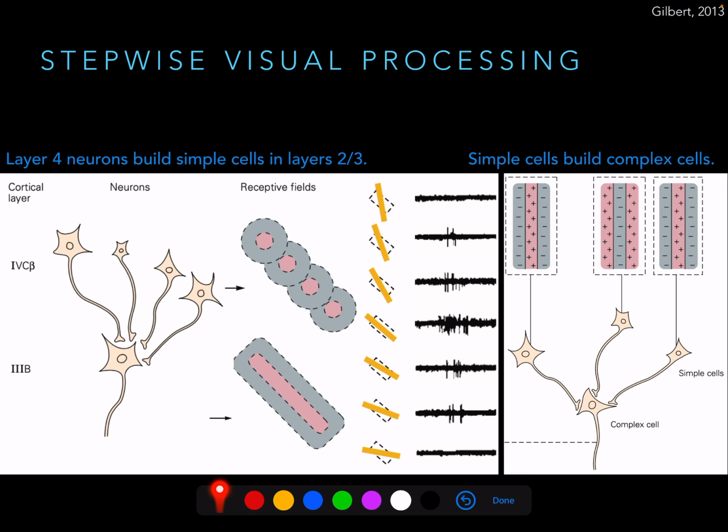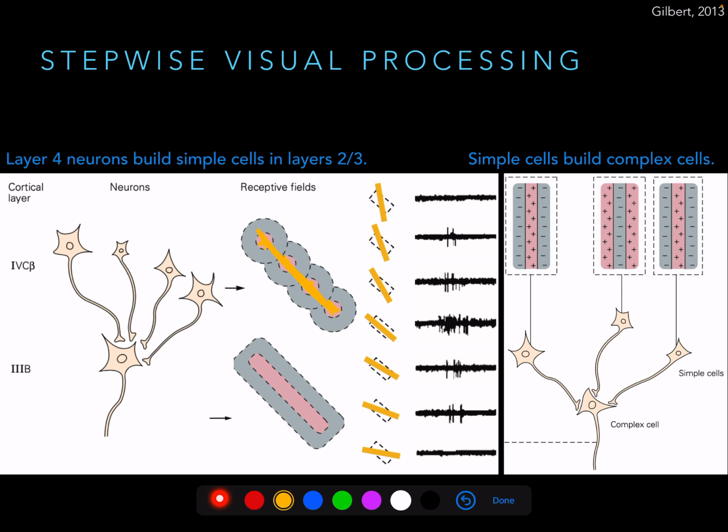So what if I get input from 4 different retinal ganglion cells via, of course, these layer 4 neurons, and their receptive fields are just a little off of each other? What's going to get me maximally excited is if I can get some light that turns on these 4 receptive fields, and that would need to be a line, not a dot.